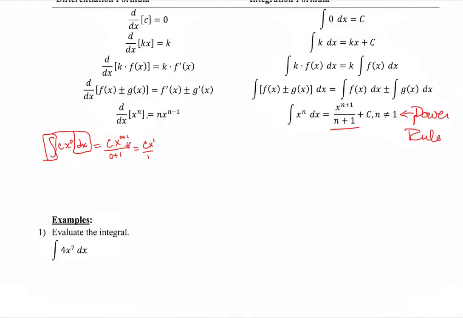Oh, sorry, we got to have our plus capital C equals cx plus capital C. So if I integrate a constant, and they used k, then I get kx plus capital C. All right? Does everybody see that? And I just used a C because we always use C's for constants.